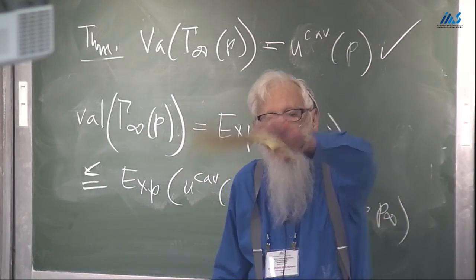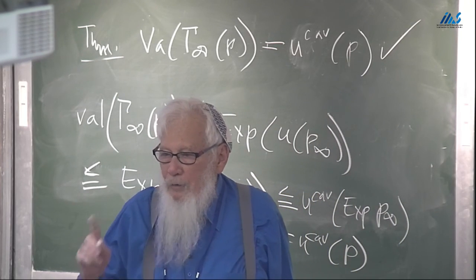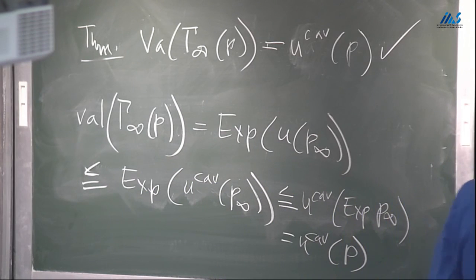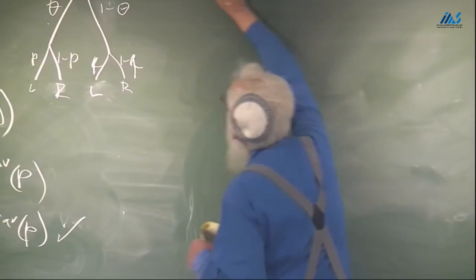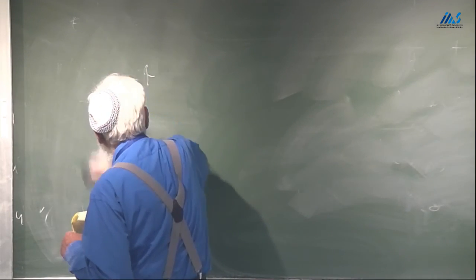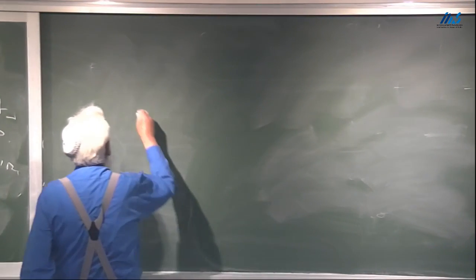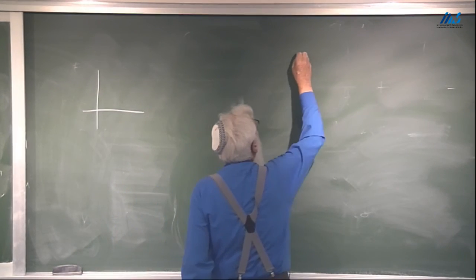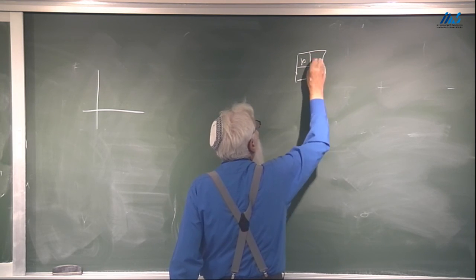And let me just finish up by giving the concavification of our three examples. The first example was P, 1 minus P, 0, 0.